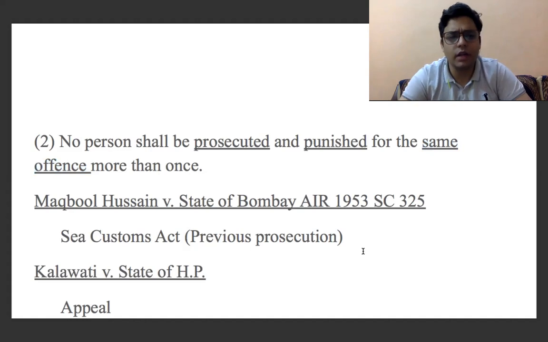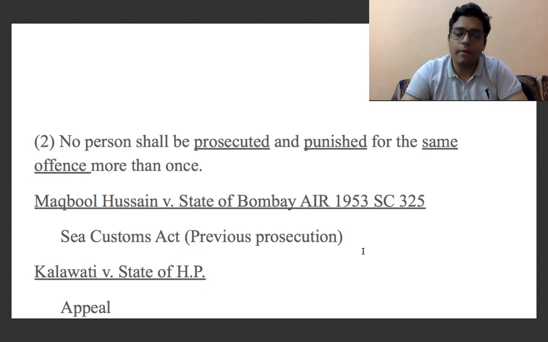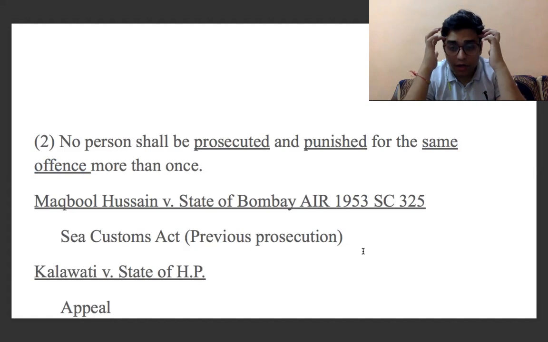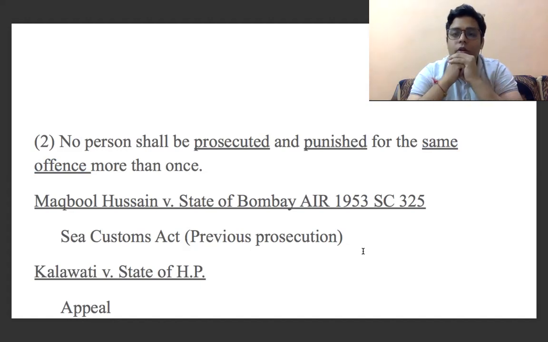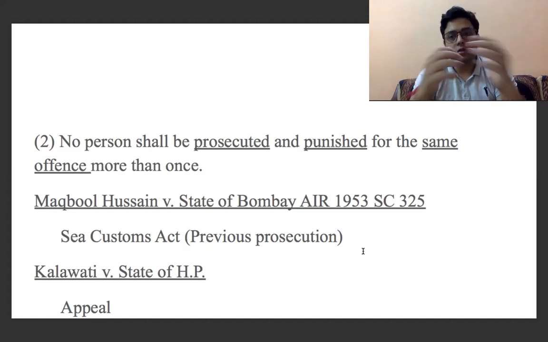The first important case under sub-article 2 is Maqbool Hussain versus State of Bombay. This is a case of 1953. In this case, a particular person was coming from a foreign country carrying a large amount of gold, which he had not declared in the documents, as he was required to do.